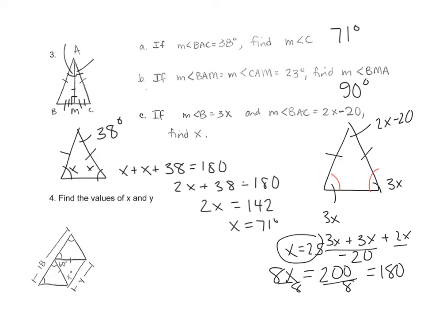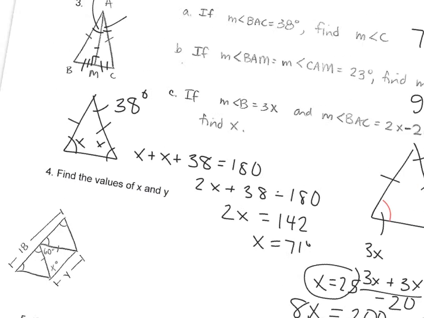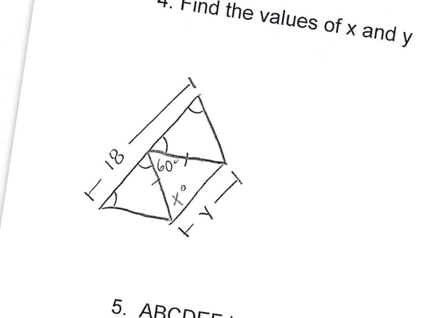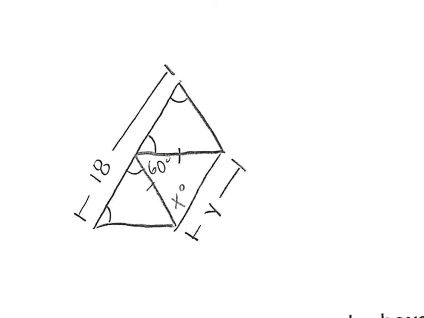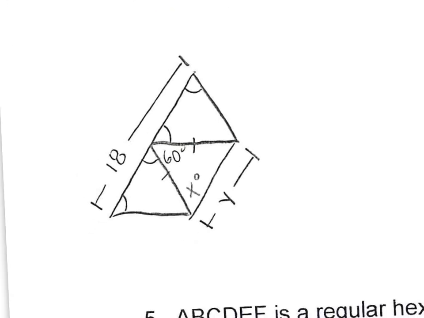Okay, then down at the bottom, I'm going to try to make this bigger here. Find the value of x and y. So this triangle right here, because these two angles are congruent, this has to be isosceles. Same thing with the one over here.